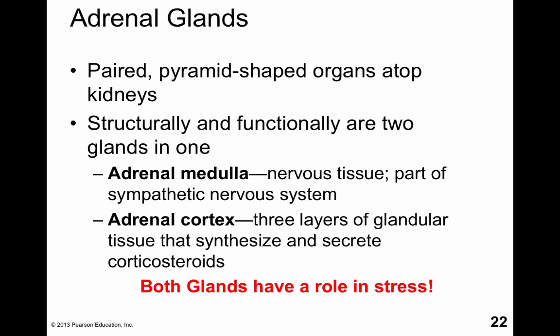This essentially is going to talk back and forth with the adrenal cortex, which is a 3-layer endocrine tissue that helps to synthesize and secrete corticosteroids. Both glands that we look at have a role in stress.